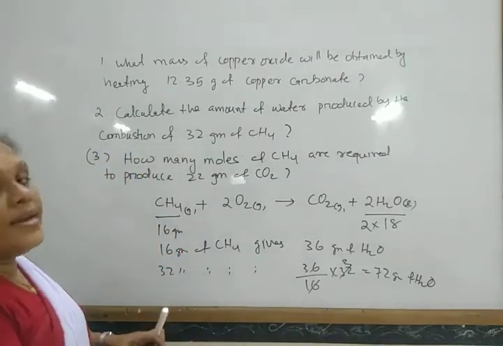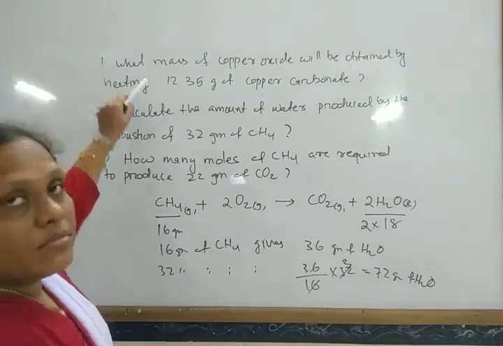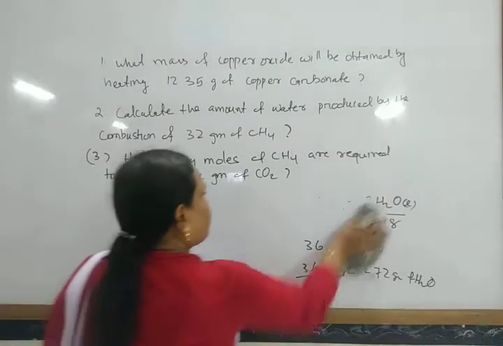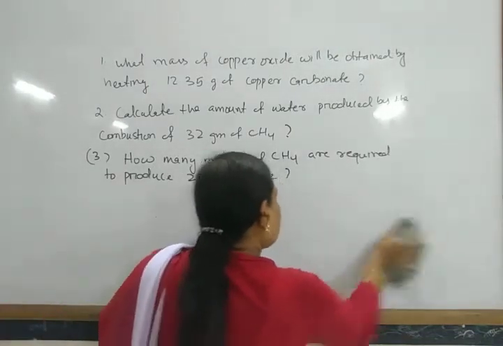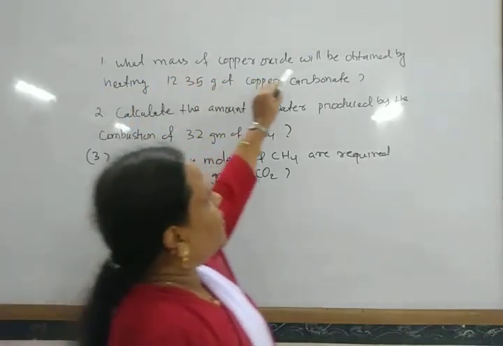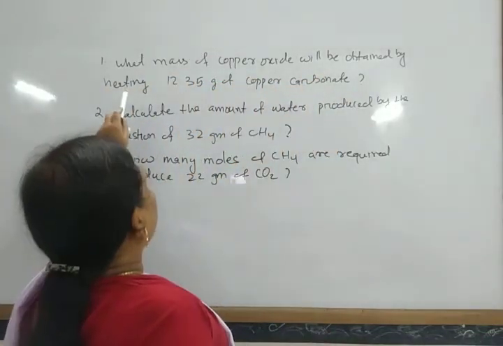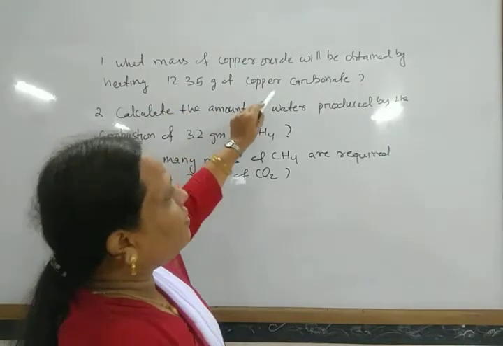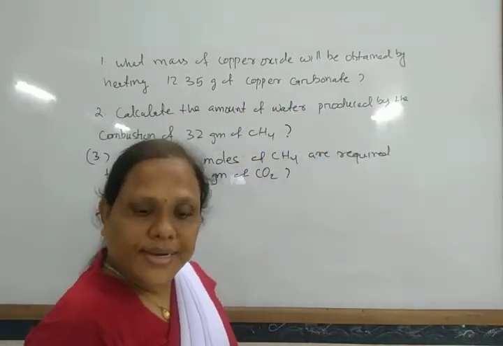Okay. Next come to question number 1. What mass of copper oxide will be obtained by heating 12.35 gram of copper carbonate?